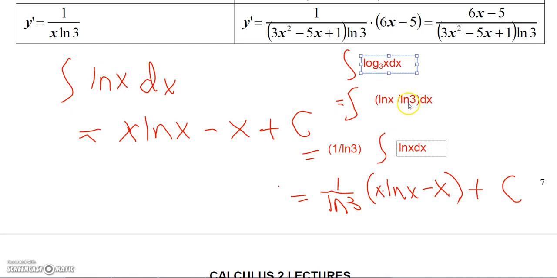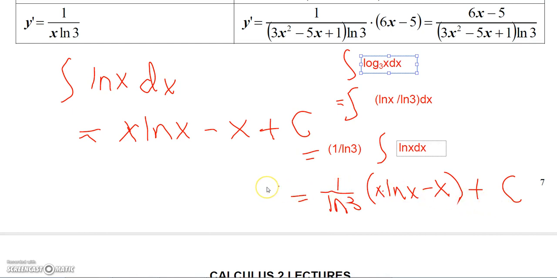And since natural log of 3 is a constant, you could actually factor out the 1 over natural log of 3 out of the integral, and you would just be left with natural log of x dx. And then we have a formula for that. Remember, I just showed you that. So if you integrate this, you just get x times the natural log of x minus x, and then you would multiply it by 1 over the natural log of 3, and then add your constant.